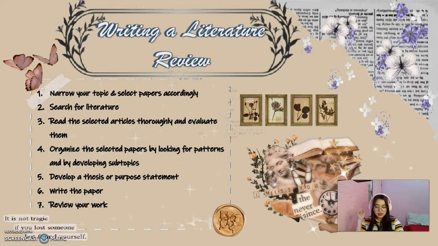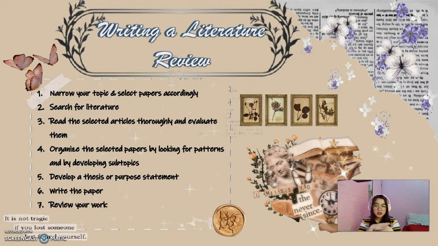And lastly is review your work. So in this, look at the topic sentences of each paragraph, and they should indicate the main points of your literature review. Make an outline of each section of the paper and decide whether you need more information.